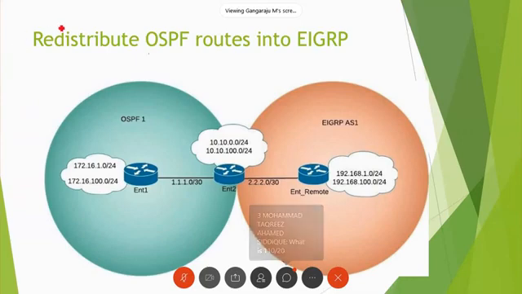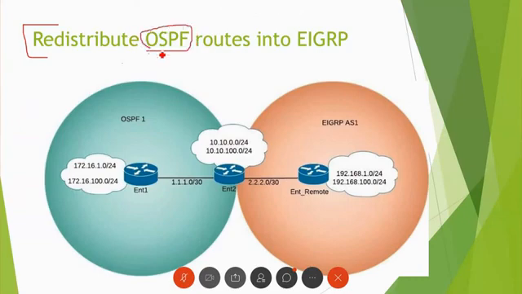Okay. So this is example 2 of redistribution, where the routes of OSPF will be injected into EIGRP. Earlier, our example was static routes getting injected into OSPF. Now, the second example that we're going to discuss is injecting the OSPF routes into EIGRP. So here we have two domains.